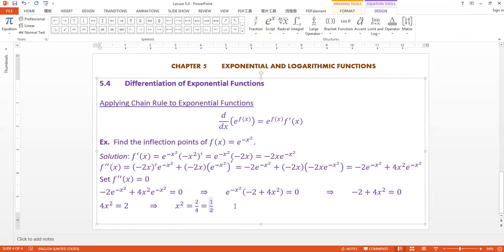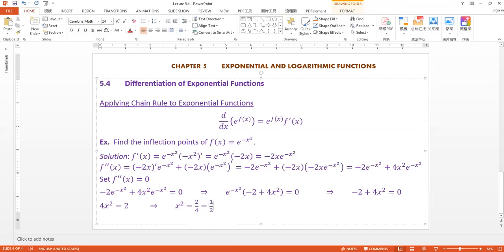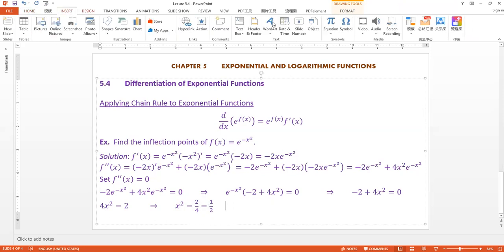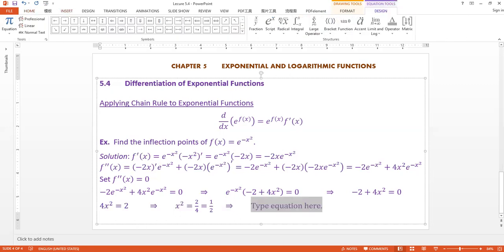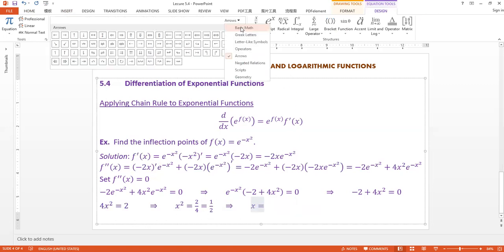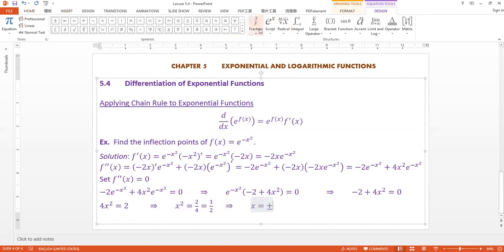Now you take the root on both sides of the equation. You get a solution. So x equals, now remember, we always get 2 solutions when you take the square root.